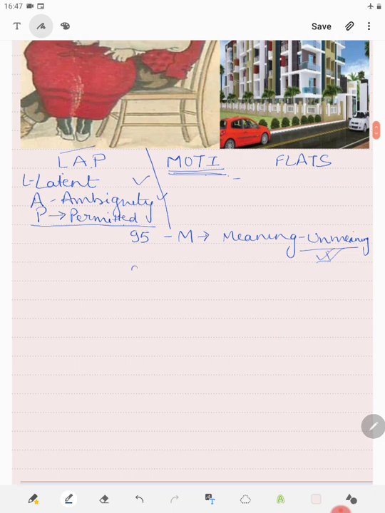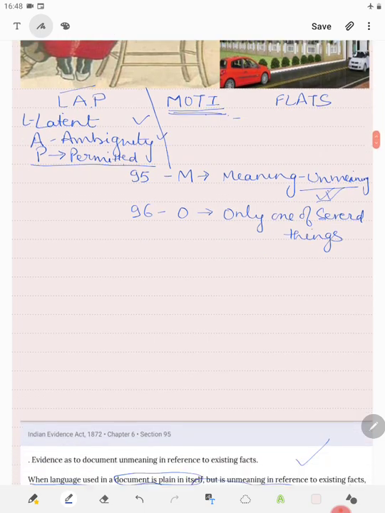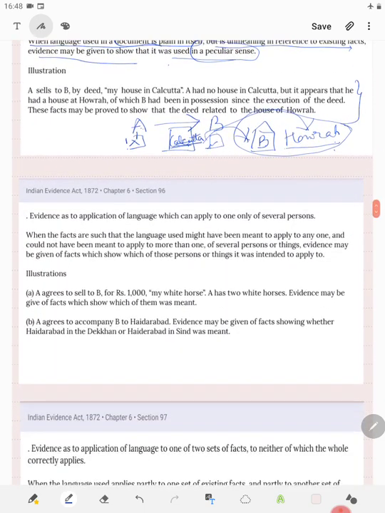Then section 96. O, only one of several things. Here also we will first see the example and then remember.